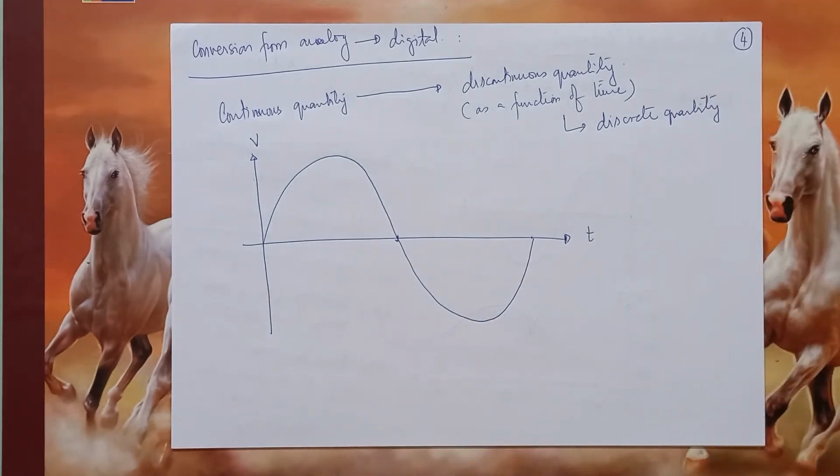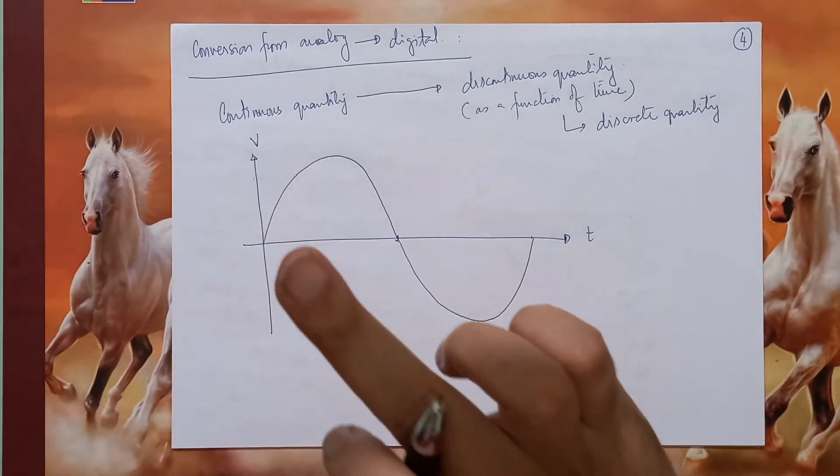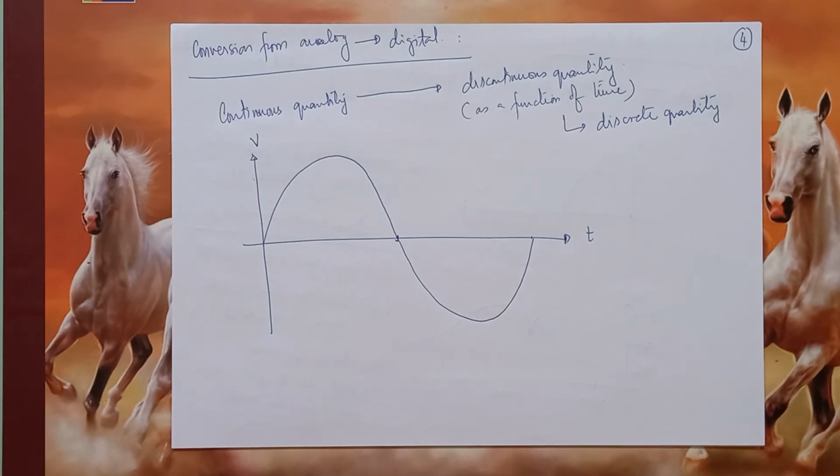And we will do so by taking pictures of this signal at certain points of time. When I say picture, I don't mean literally using a camera, but to observe its values at regular intervals of time.